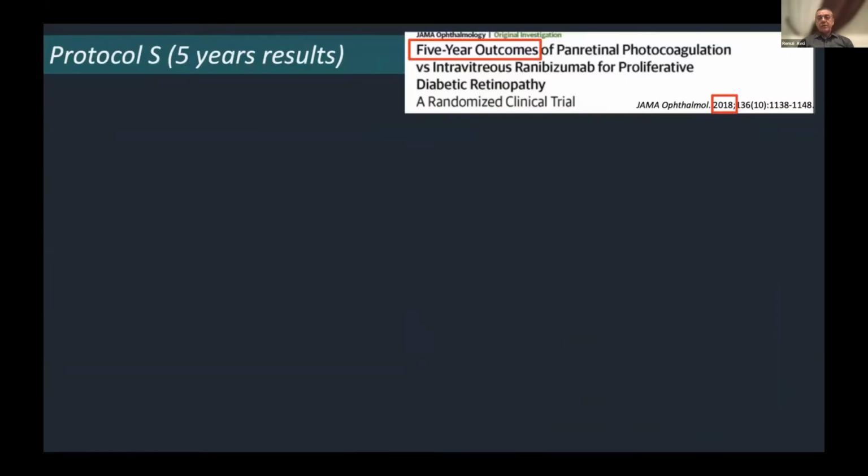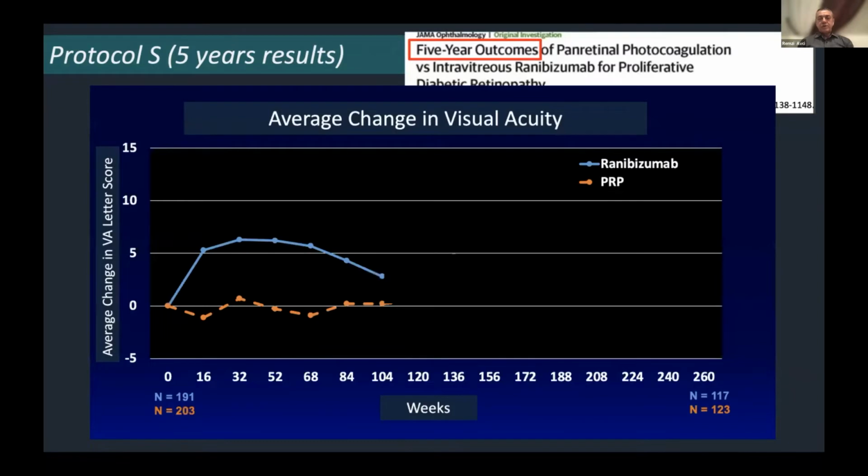Protocol S compared ranibizumab versus PRP, and they published the 5-year results almost 3 years ago. In the first 2 years, the ranibizumab group had a significantly better visual acuity letter score compared with the PRP group. However, at the end of 5 years, this was not significant, and the results were the same.